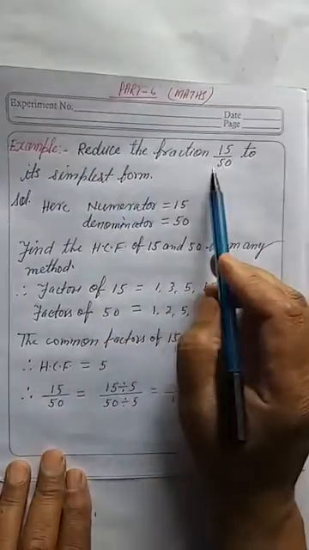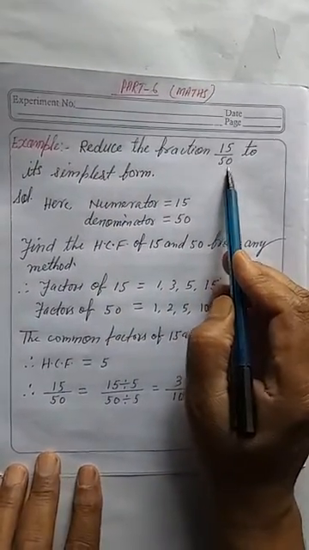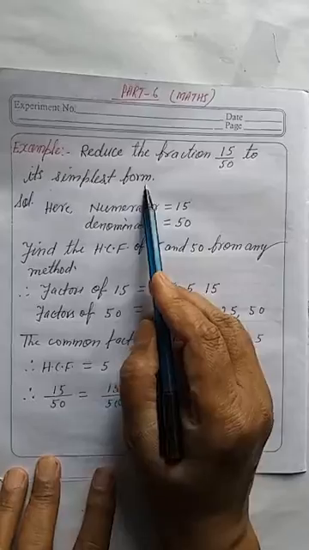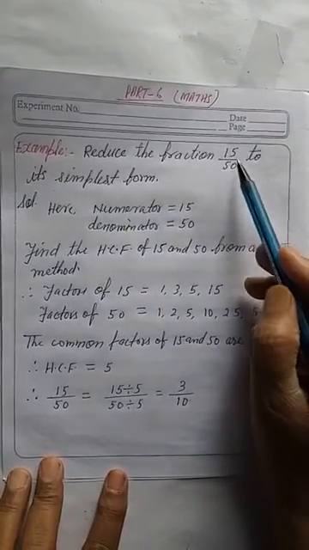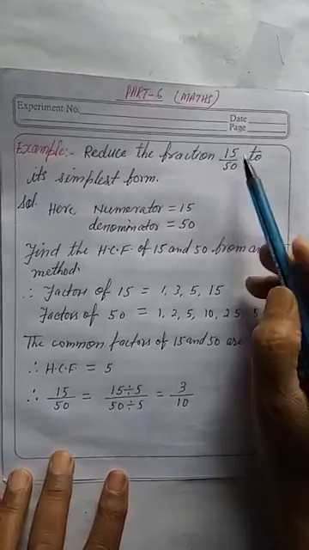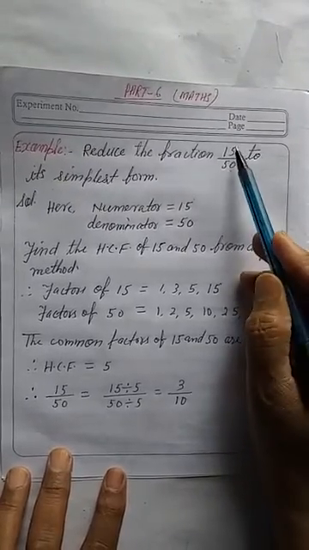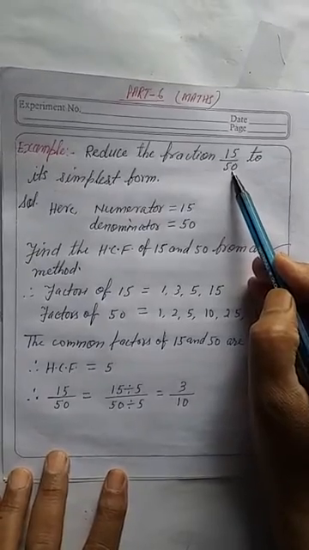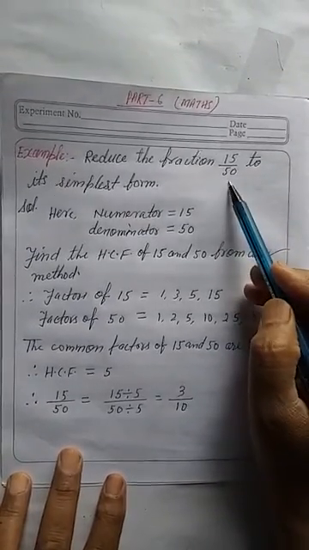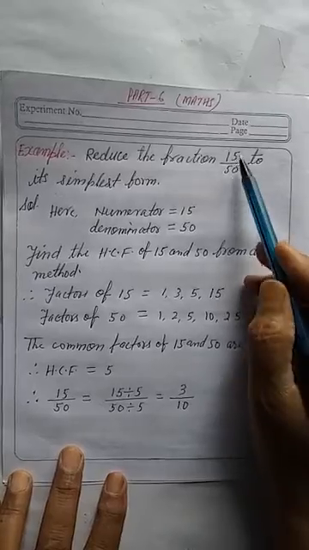Now see another example. Reduce the fraction 15 upon 50 to its simplest form. Is it in the simplest form? No, because here 15 and 50 have an HCF. You can find the simplest form by your own method, by table.